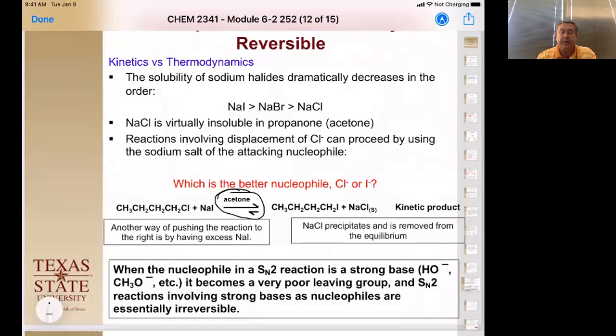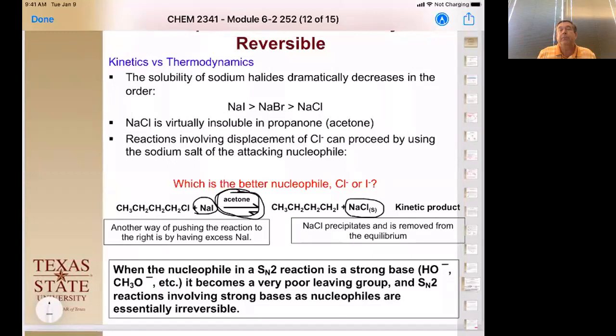Notice we're still using acetone here, but notice sodium chloride is not soluble in acetone, and the sodium iodide is. So we know the reaction's reversible because as we make it, a little bit of sodium chloride is going to start precipitating out of the reaction. And we can actually force it to that kinetic product, that product with a weaker bond. Okay, and we are taking the stronger base and dropping it down.